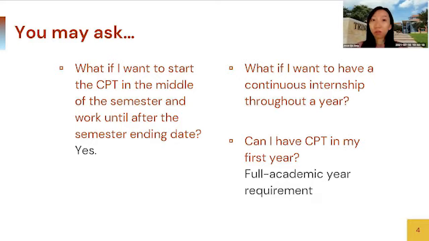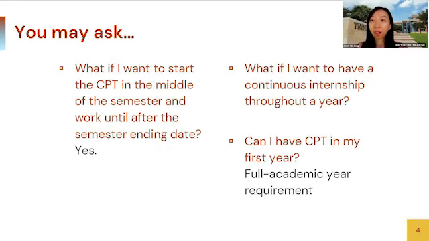But for graduate students, you will be able to have a CPT in your first year. And for transfer students, if you transfer to Trinity to start your sophomore year or even junior year, you will be able to apply for CPT immediately because you already have established a full academic year of F1 study in another institution in the United States that fulfills the requirement.